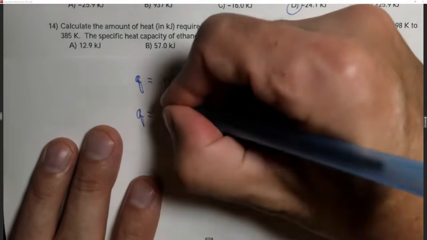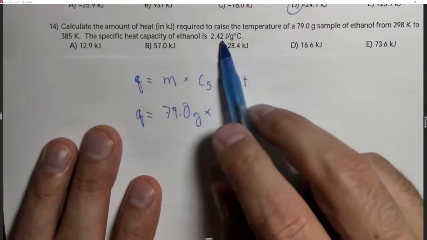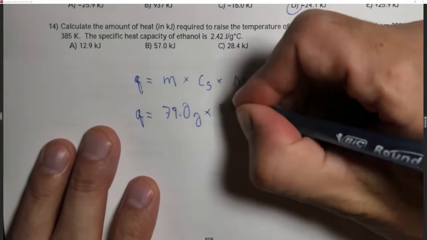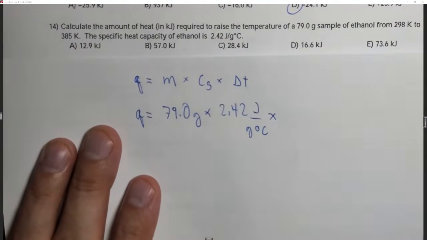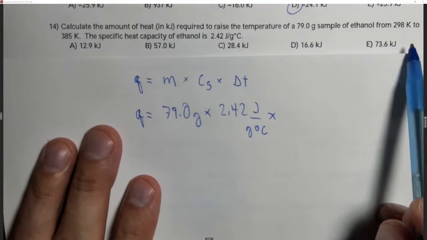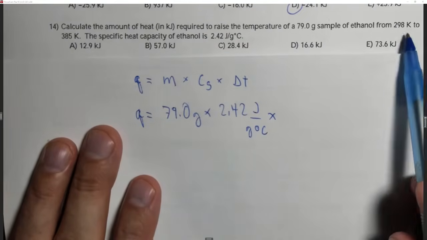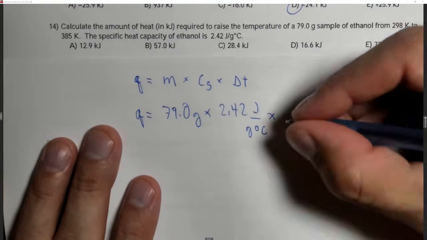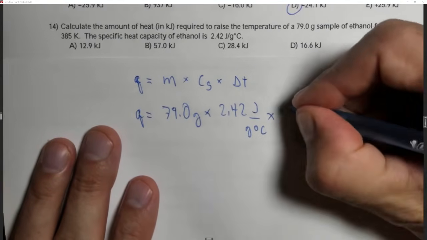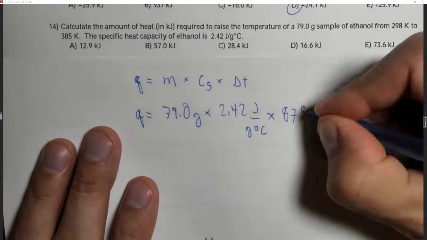So Q equals the mass in grams, which is 79.0 grams, times the specific heat capacity, which is 2.42 joules per gram degrees C, times the change in temperature. To find the change in temperature, we need to take the final temperature, 385, and subtract the initial temperature, 298, and what you find is that this change in temperature is 87 K, or 87 degrees C.